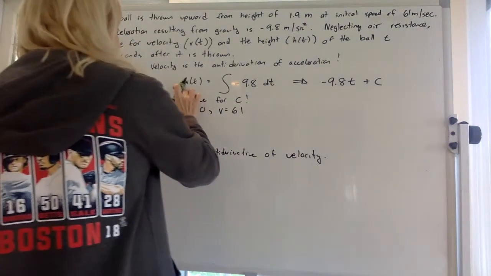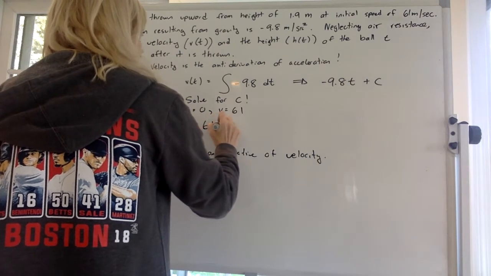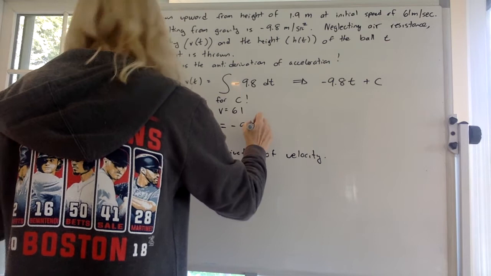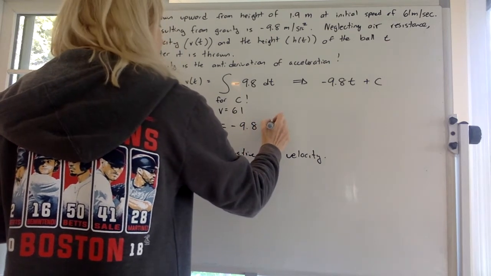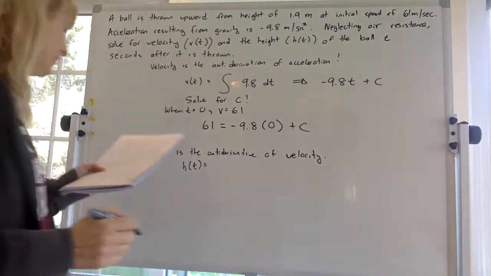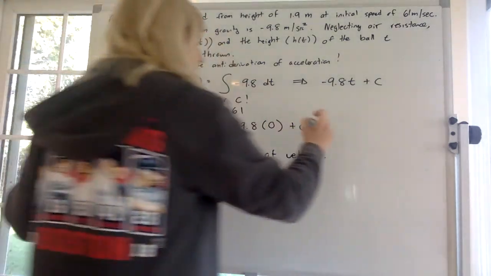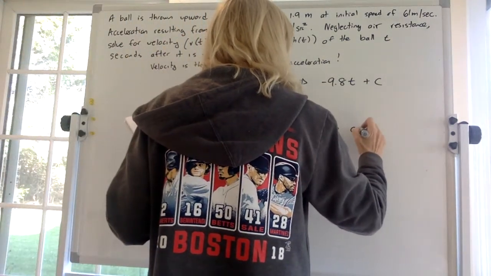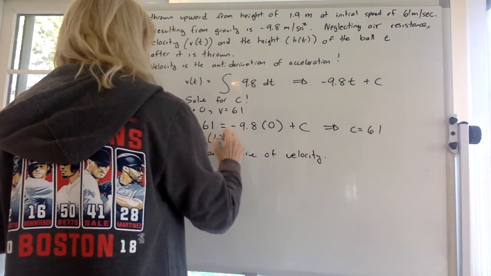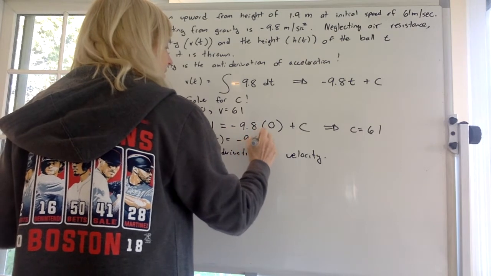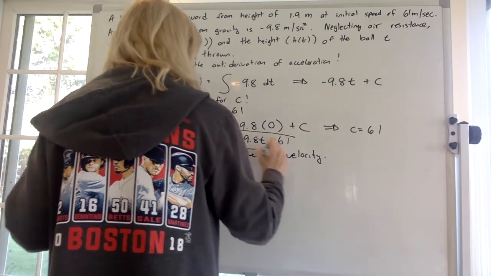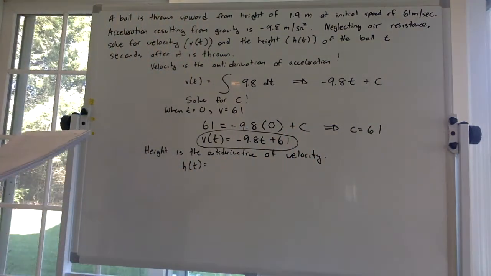So we can plug 61 in for v equals negative 9.8 times 0, at time 0, plus c. So what does our c equal then? Our c equals 61. So what's our velocity function? It's negative 9.8 t plus c, which is plus 61. So there's the first part of the problem.